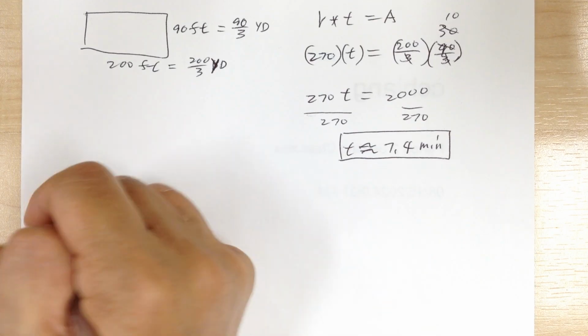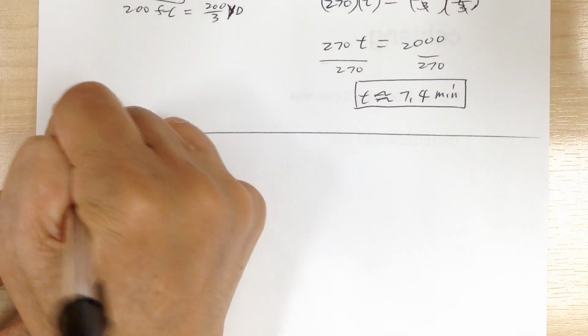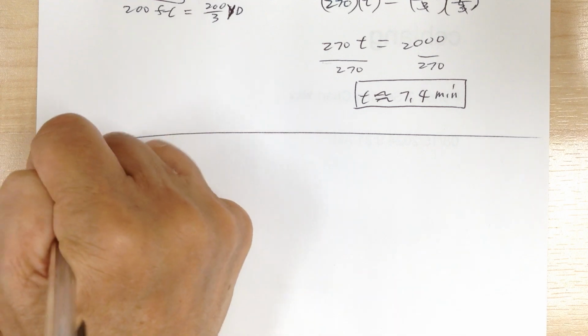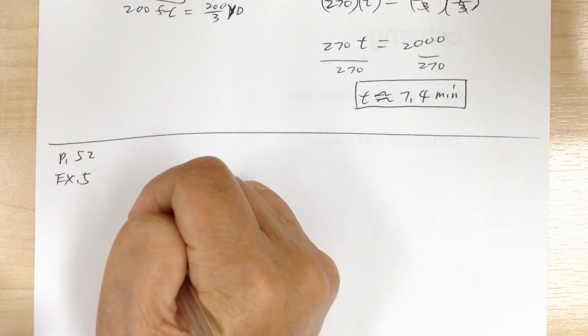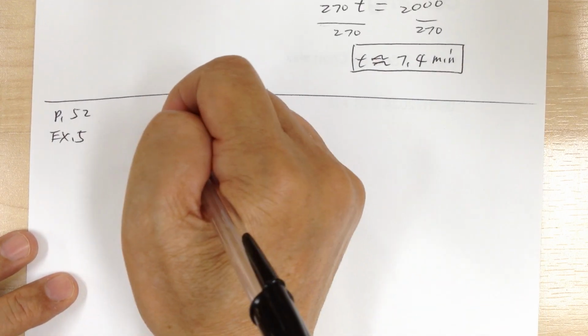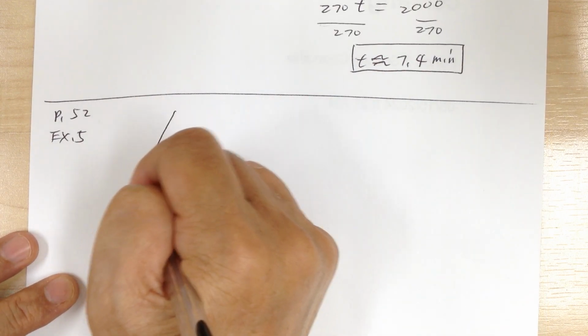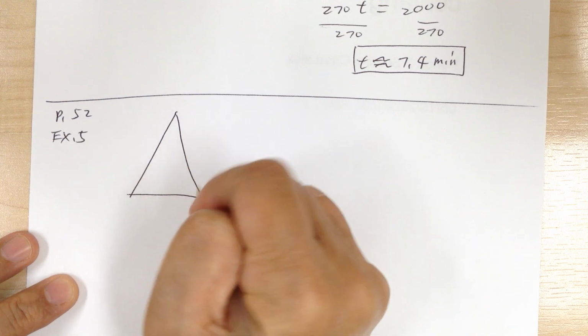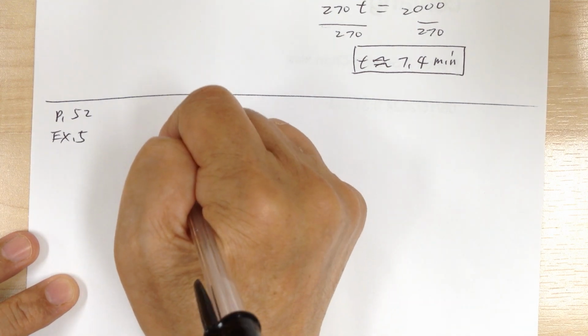Okay, let's go to example 5 on page 52. Okay, so you have a triangle.